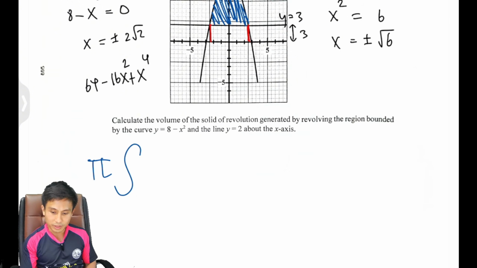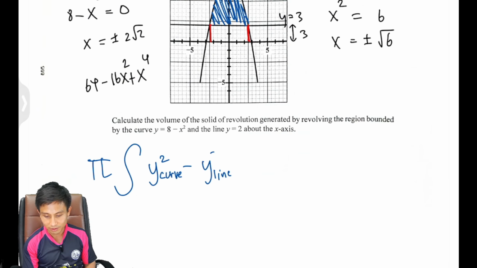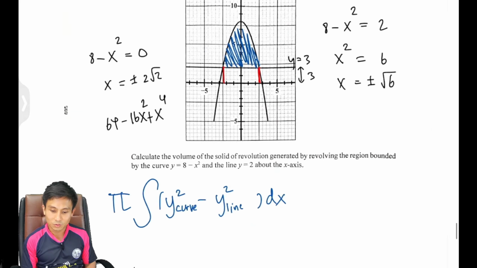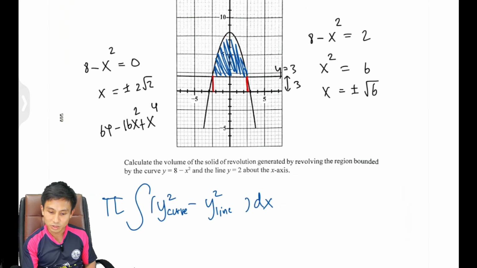So it's just going to be pi times the integral of y curve squared minus y line squared, and then dx. And now again, because we want to just do 1/2 here and multiply by 2, the limit would be just from 0 to whatever this is again.